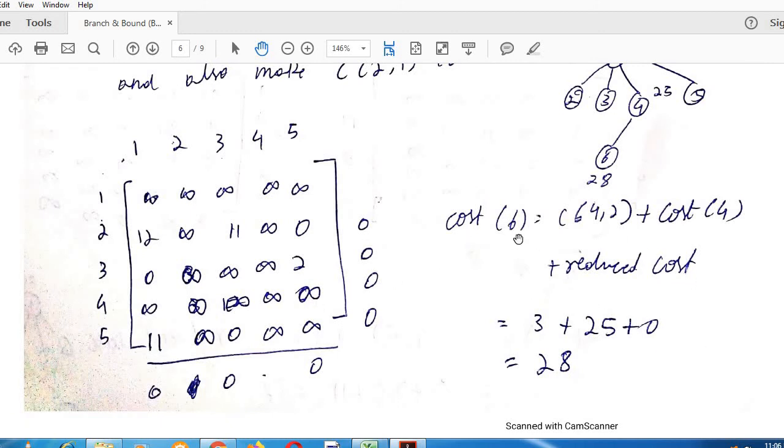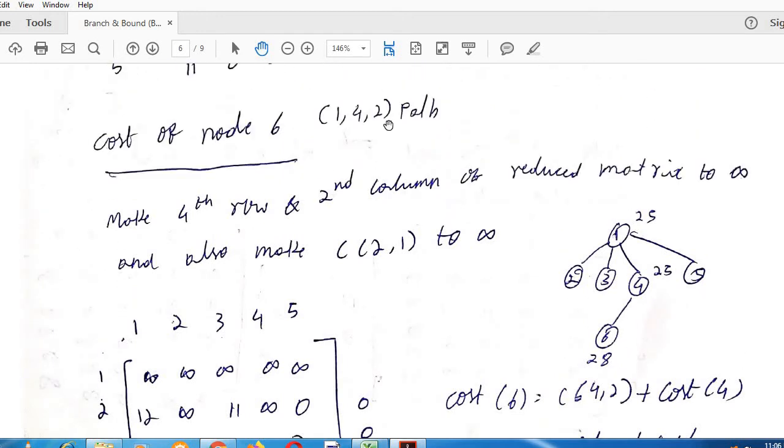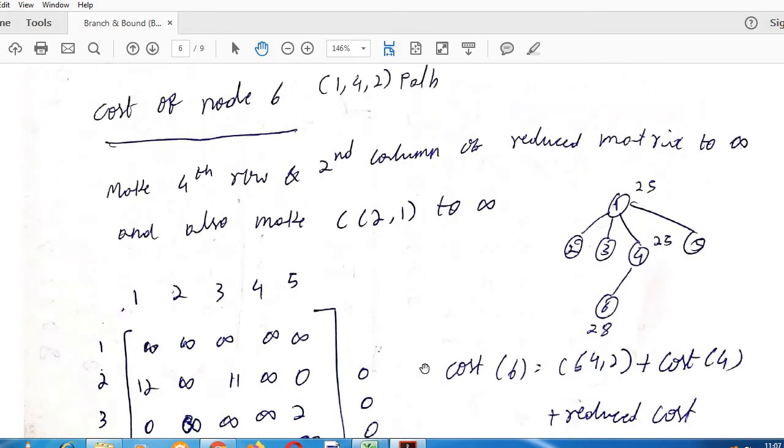The formula for the cost of reaching node 6 is the cost of 4 to 2. Node 6 is nothing but node 2, but I am representing it by 6 since I can't use the same number. So I have to find the cost of 4 to 2 in the reduced matrix.